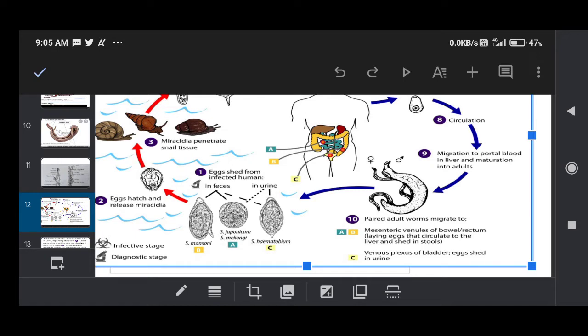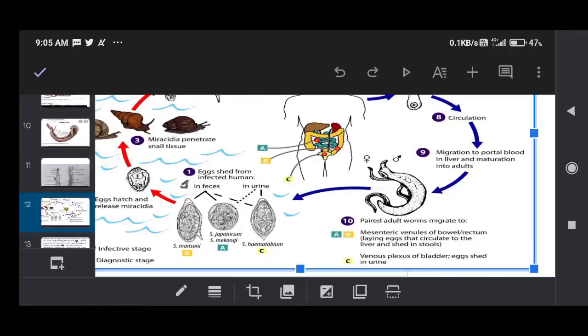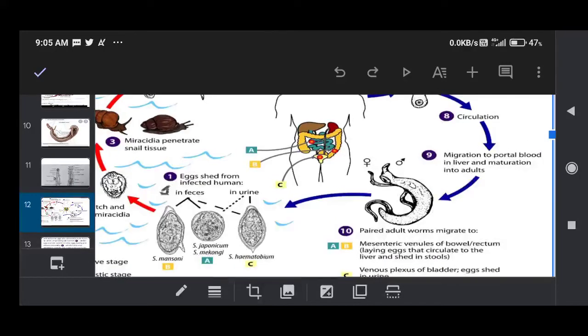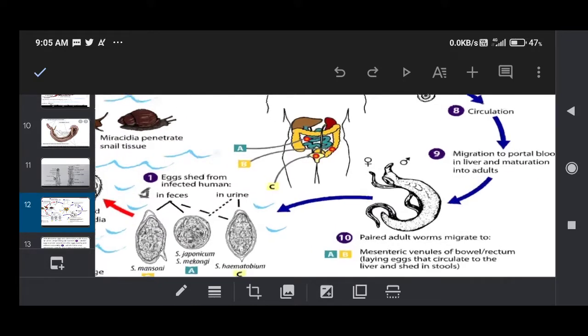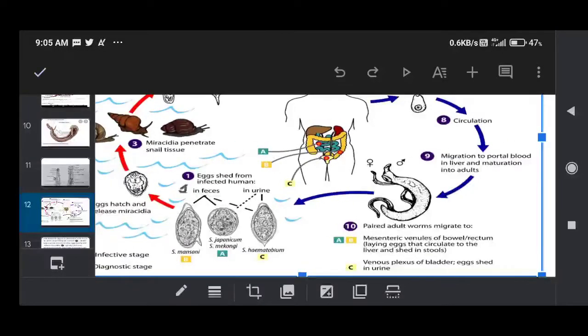By this spine, the eggs are released into the urinary bladder, and sometimes the eggs are released into the large intestine or the small intestine. Whenever these eggs are released into the bladder or urethra, they come out with the urine into the external environment, and the capsules released into the large intestine and small intestine come out with the fecal matter.